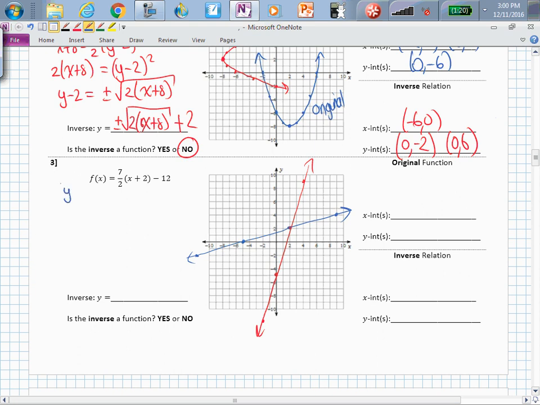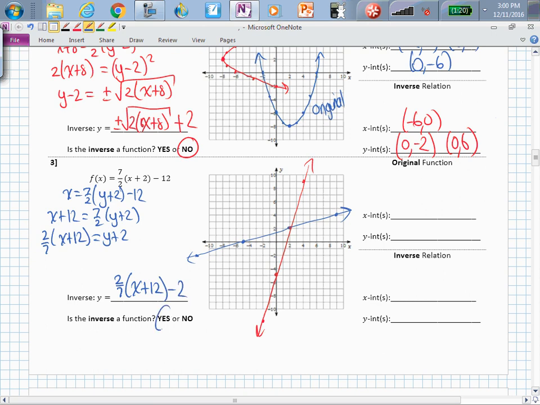So let x equal 7/2 y plus 2, minus 12. So it's going to be x plus 12 equals 7/2 times y plus 2. Multiply both sides by 2/7. x plus 12 equals y plus 2. Therefore y equals 2/7 x plus 12, minus 2. Is it a function? Yes, it is.